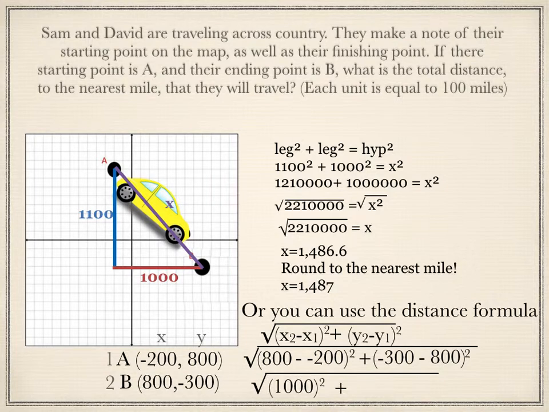So we get 1,000 squared plus negative 1,100 squared, which, once we do that out, is going to be 2,210,000. Then we take the square root, and we end up with the same answer.